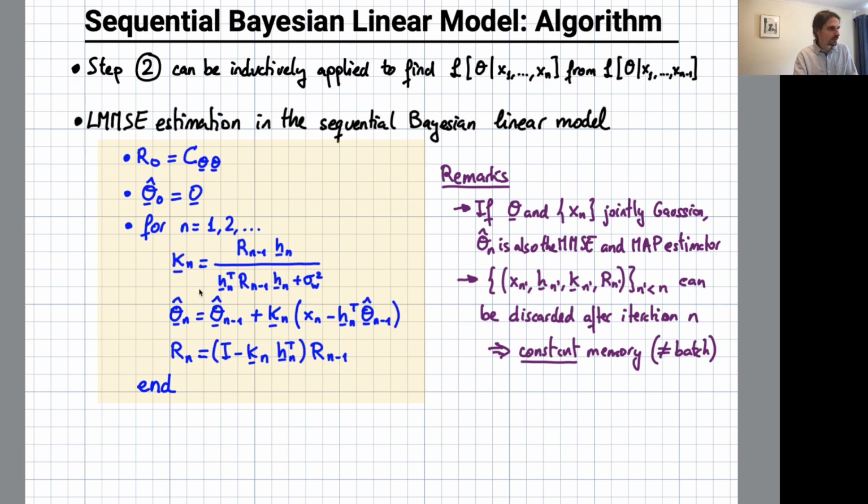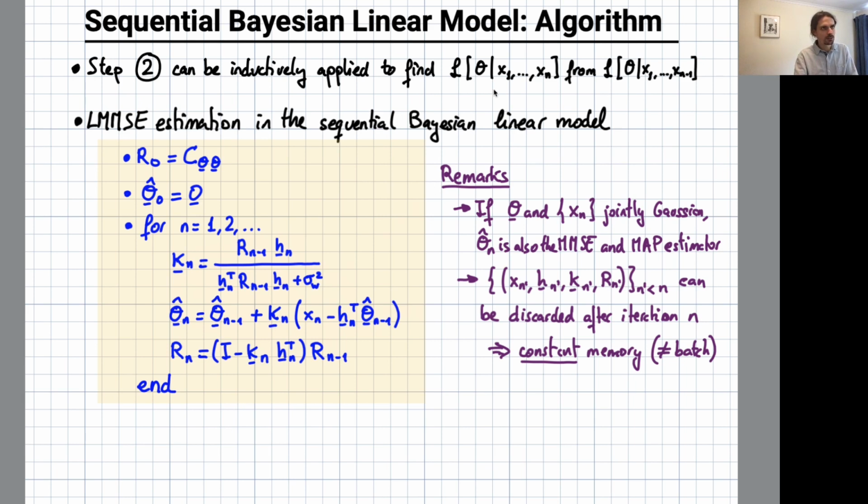So here we see that each iteration depends on quantities from its own time, like hn and xn. But it also depends on previous quantities, R n minus 1, for instance, and theta hat n minus 1. However, it doesn't depend on anything older than that. So whatever is older can be just erased. We don't have to keep it.